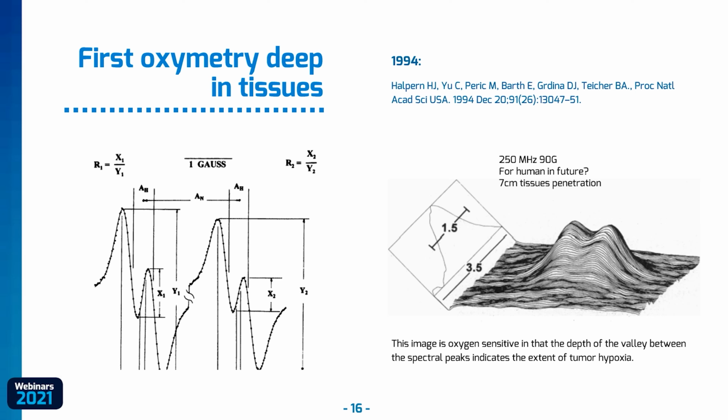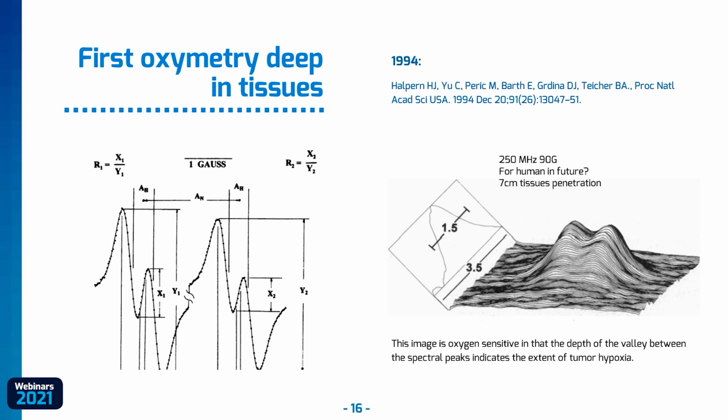The measurement uses unusually low frequency electron paramagnetic resonance spectroscopy, sensitive to substrate 7 centimeters deep in the tissue. They quantitatively measured, with minimal tissue invasion, oxygen concentration in the body water compartment of the murine fibrosarcoma implanted into the mouse leg.